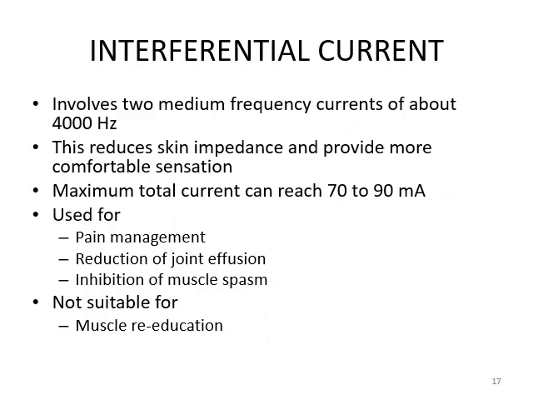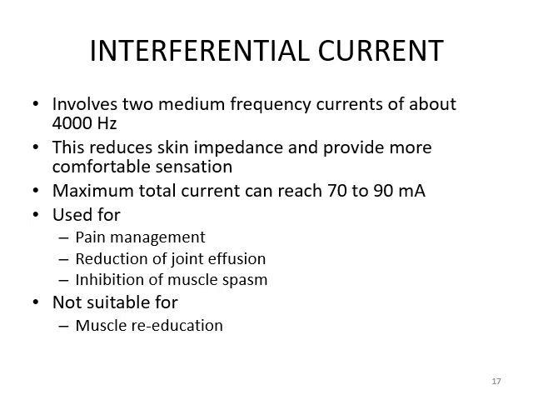So the interferential current involves two medium frequency currents of around 4000 Hz or 4 kilohertz. The benefit of the medium frequency range is that it reduces the skin impedance, the currents are much more comfortable to the patient, and the penetration is better.